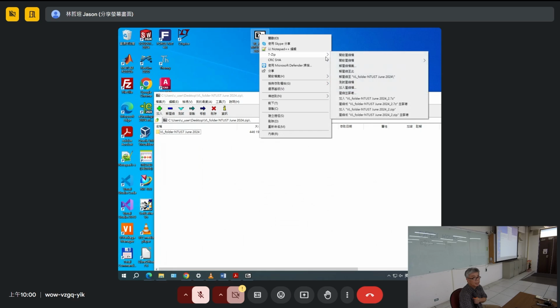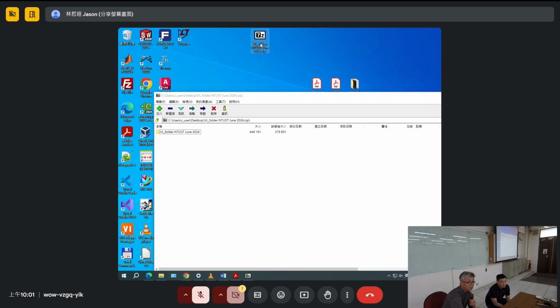Okay, here we go. Oh my God, I don't know how to go from here. Everything is Chinese. If you are seeing something like what I'm seeing, the label is Chinese.